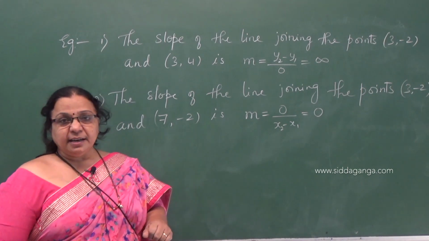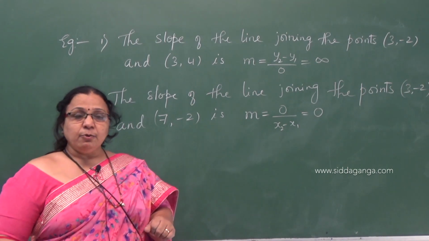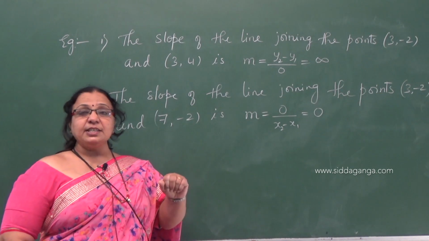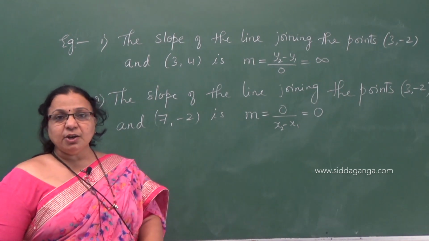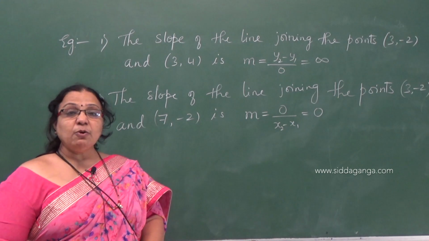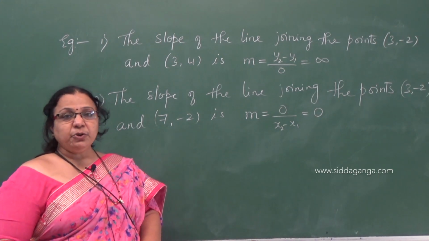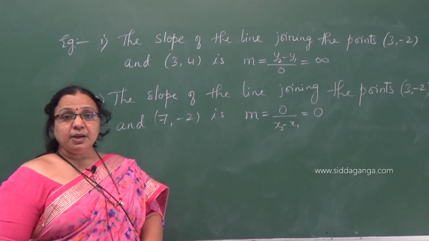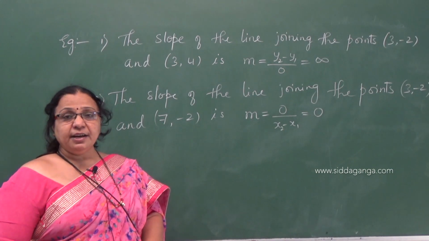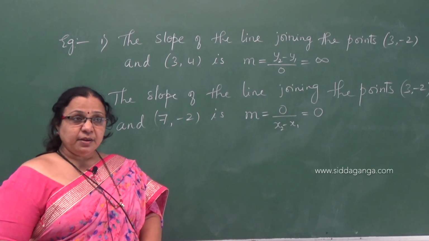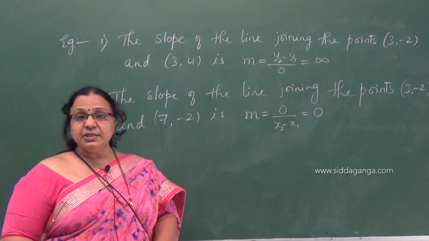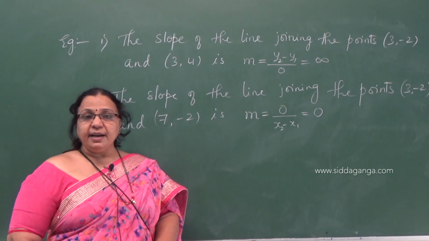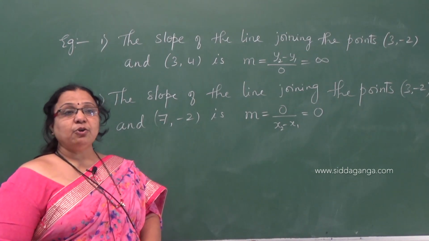Then the third type is when the equation of the line itself is given. To find the slope from the equation of the line, we have to use the formula m equal to minus a divided by b, where a is the coefficient of x and b is the coefficient of y.